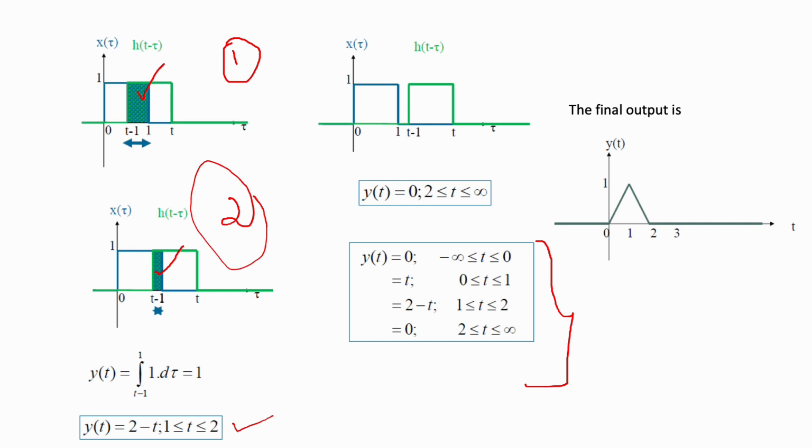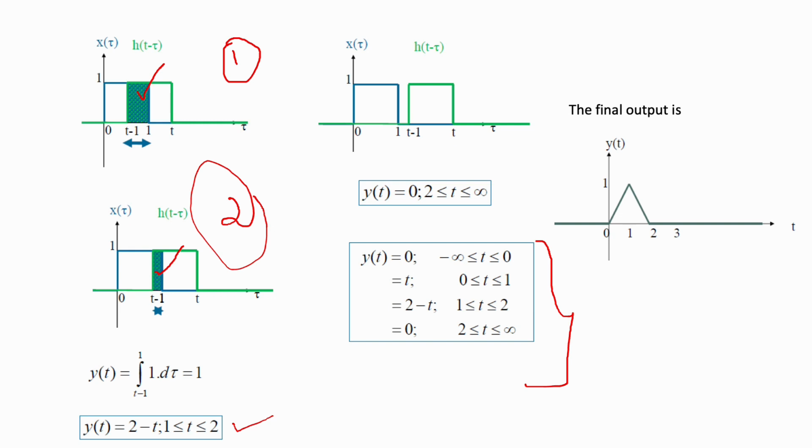This is step 4: between 0 and 1, the amplitude becomes t. From 1 to 2, the amplitude becomes 2 minus t. After 2, wherever you keep it, there is no common area, the amplitude becomes 0. So this is the final output.